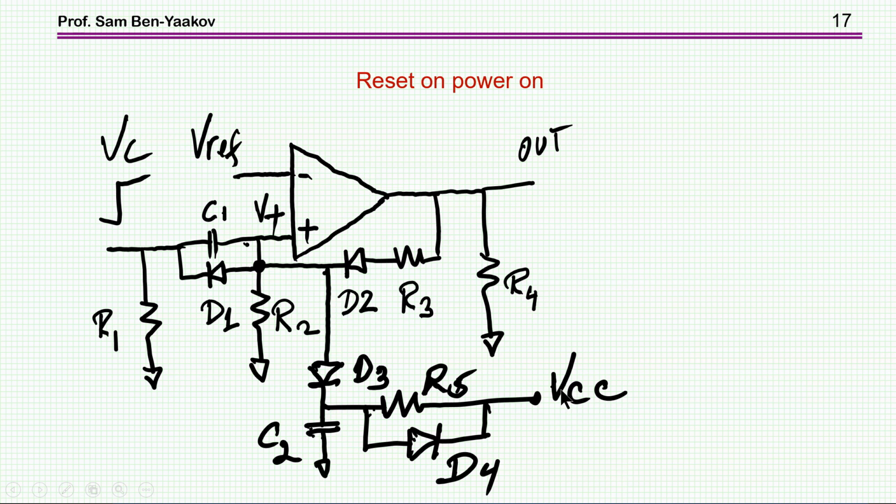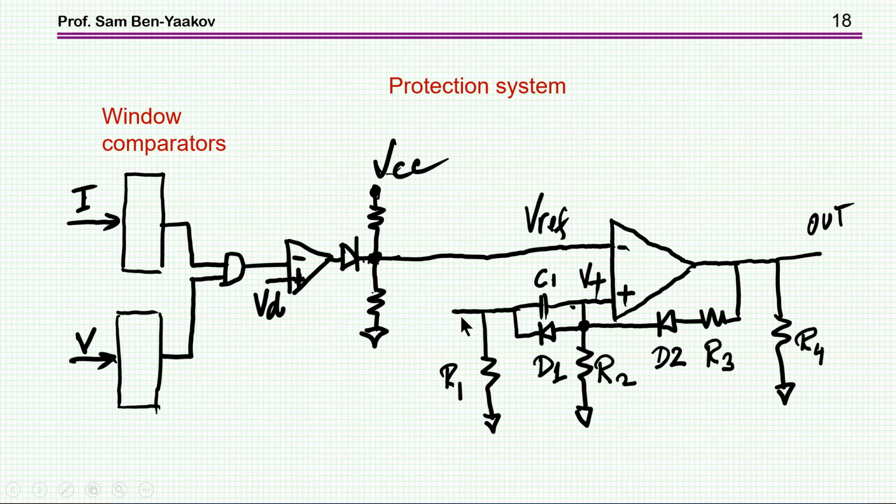And then as this capacitor is charged, it gets to a voltage at which the diode is reverse biased and therefore there is no conduction here. Now if VCC drops, this diode helps to discharge this capacitor so as to be ready for the next cycle. So this is the power on reset of the circuit.